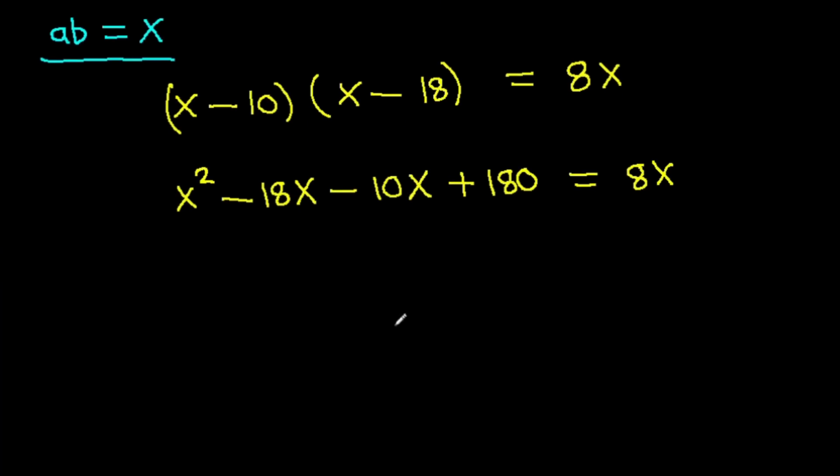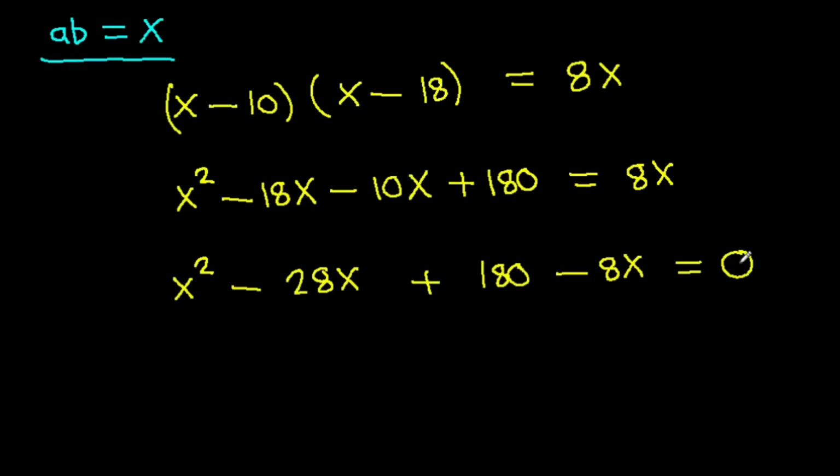So it is X square minus 28X plus 180 minus 8X is equal to 0, and it is X square minus 36X plus 180 is equal to 0.